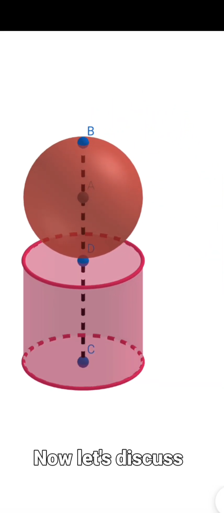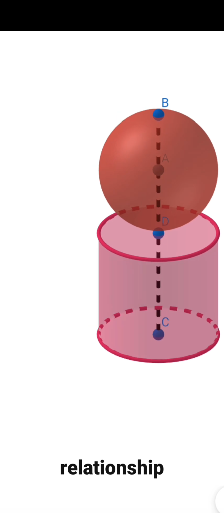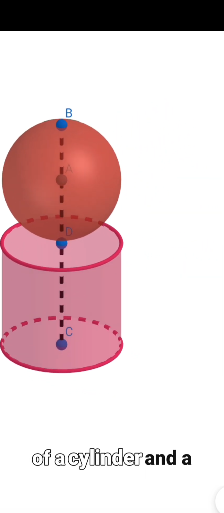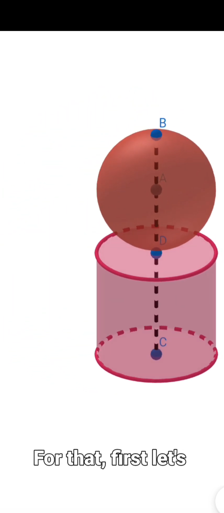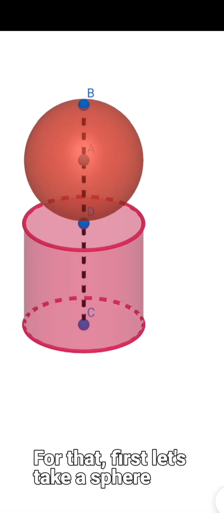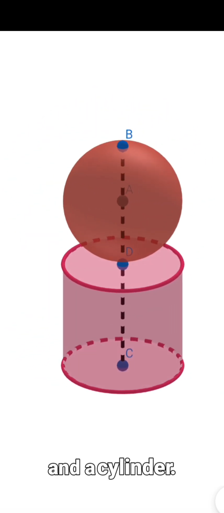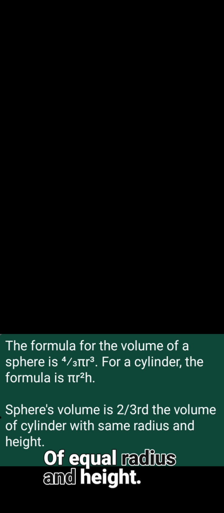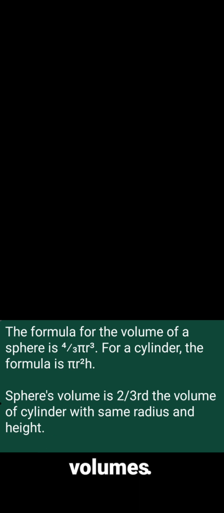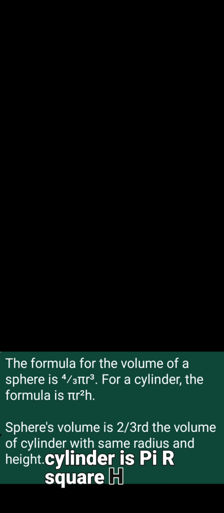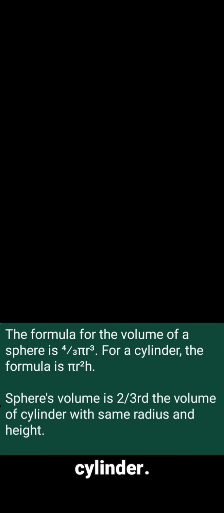Now let's discuss a very interesting relationship between the volumes of a cylinder and a sphere. For that, first, let's take a sphere and a cylinder of equal radius and height. Because we are talking about volumes, we should know that the volume of a cylinder is pi r square h, where h is the height of the cylinder and r is the radius.